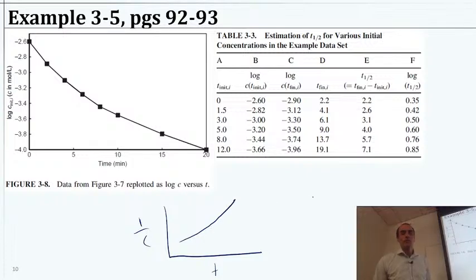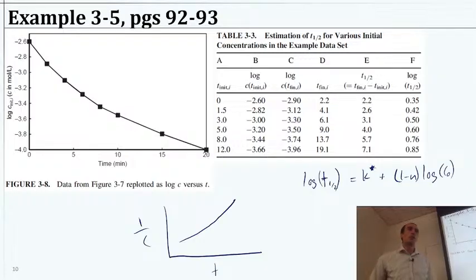So then we've got to find the n, right? So that means then we do need that log of the half-life, we'll say t1/2, equals k star plus 1 minus n times log of c naught, right? That's kind of what we have to do.